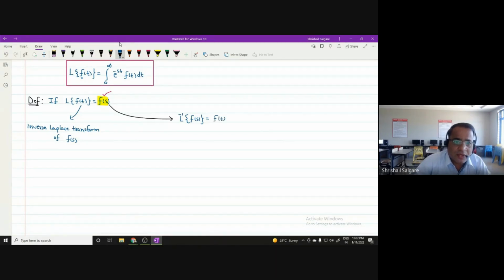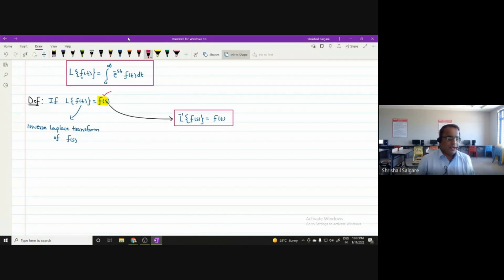Whatever notation you are using, you can take that; some authors use capital F, some use small f. So simply f of t is nothing but the inverse Laplace of F of s. Now the operator L inverse is called the inverse Laplace transform.